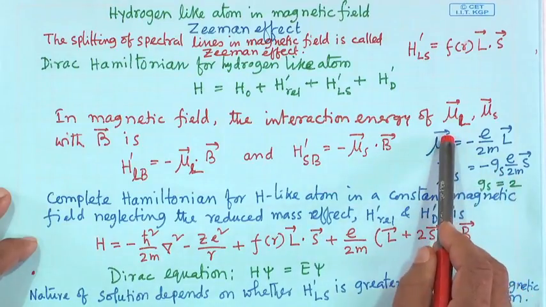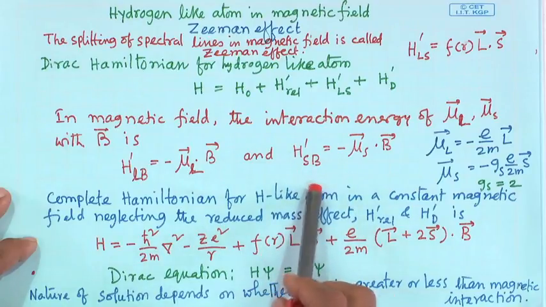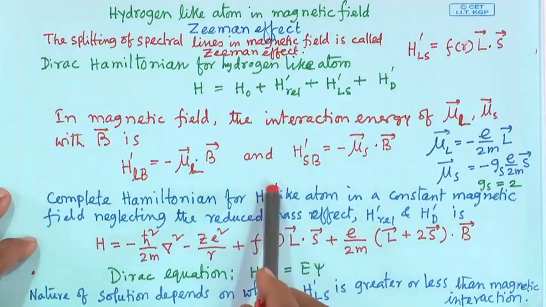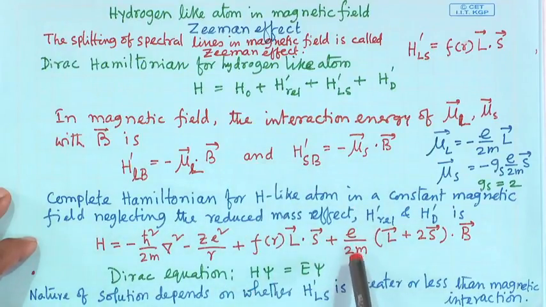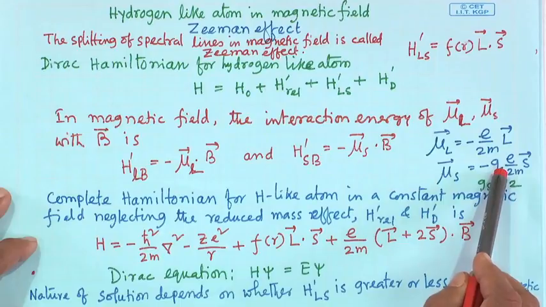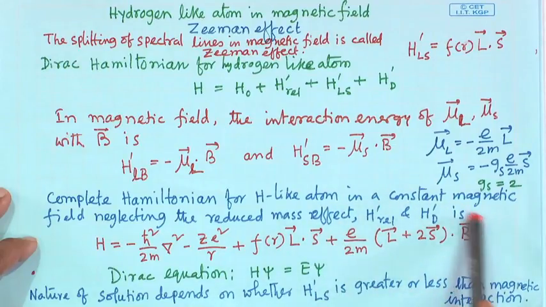So the Hamiltonian term due to the magnetic field, H_B dash, will be e by 2m times L plus 2S, because g_S equals 2, dot B. That will be the Hamiltonian term for the magnetic interaction.